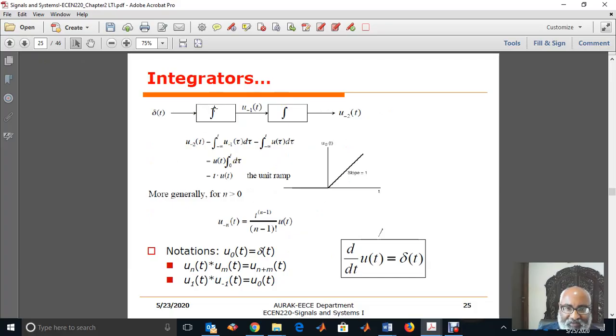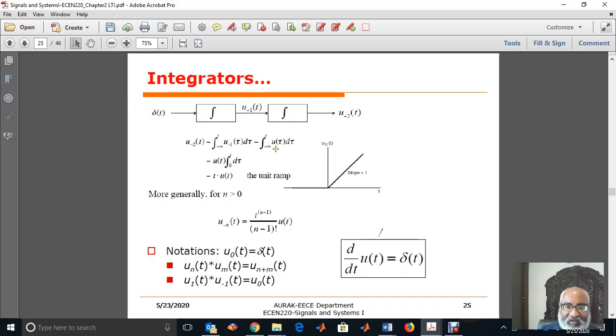From the first integrator, I will have the unit step function, because Dirac t convolved with u(t) is equal to u(t). So the second integrator will be the integration of the unit step, u(tau). If I do the integration of the unit step, if t is less than 0, it will be 0.